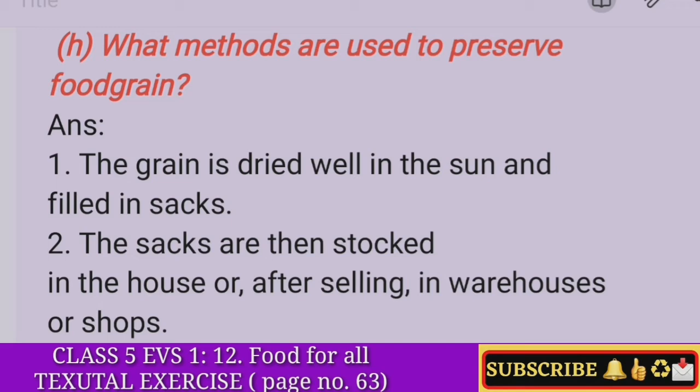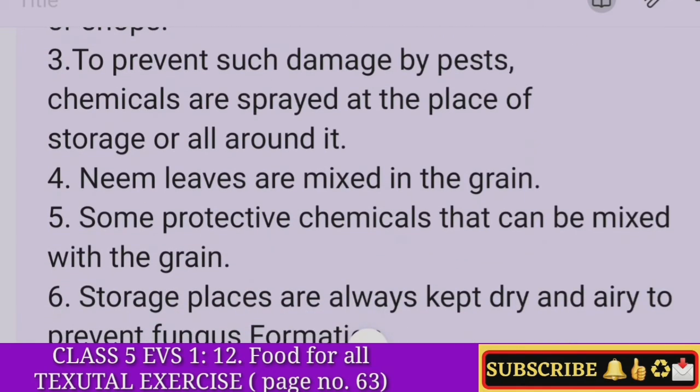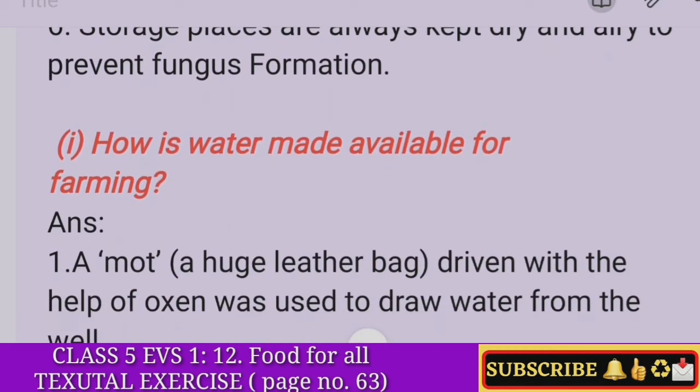To prevent such damage by pests, chemicals are sprayed at the place of storage or all around it. 4. Neem leaves are mixed in the grain. 5. Some protective chemicals that can be mixed with the grain. 6. Storage places are always kept dry and airy to prevent fungus formation.